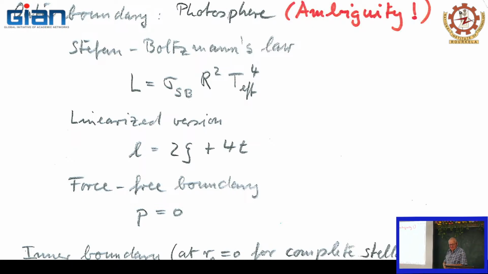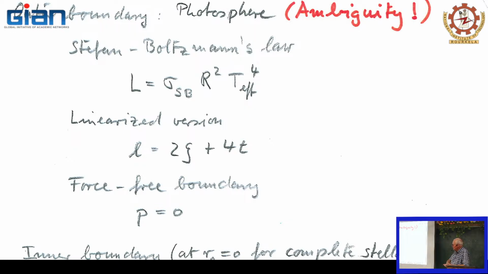Why do we say that there is an ambiguity? Actually, there are many boundary conditions available for the outer boundary, because the outer boundary of our model is not the outer boundary of our star. If it was, we would have to require some physical boundary conditions.